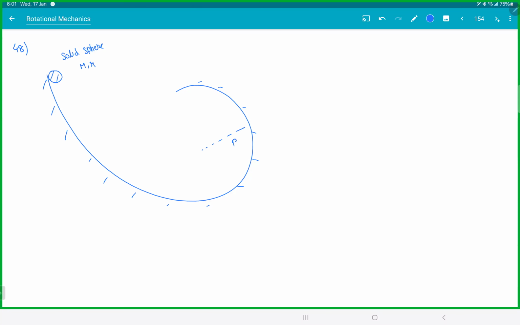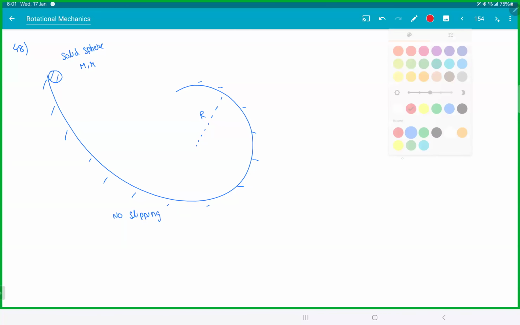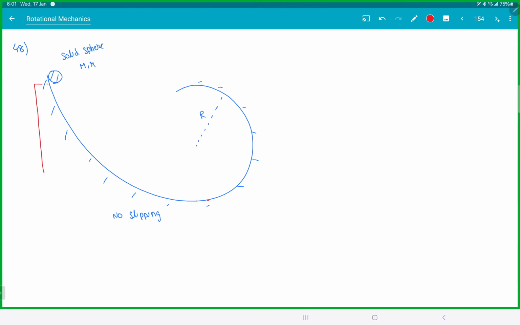This track ka radius is capital R. There's no slipping here. So from the bottom of this thing, this height is h. So the first question is find h minimum to complete vertical circle. Remember this? We have done this in energy.